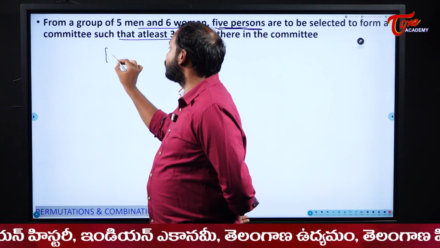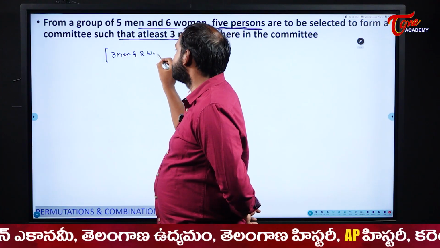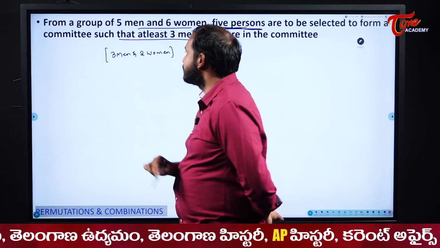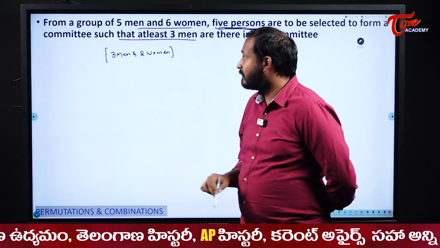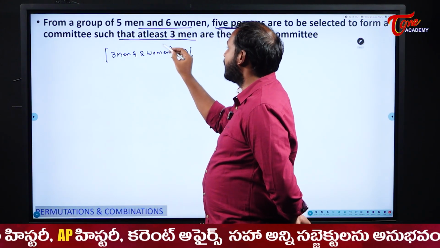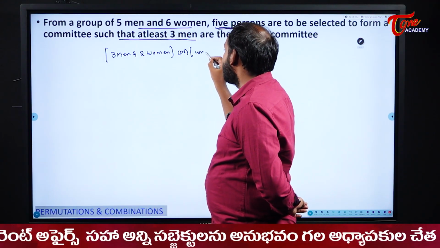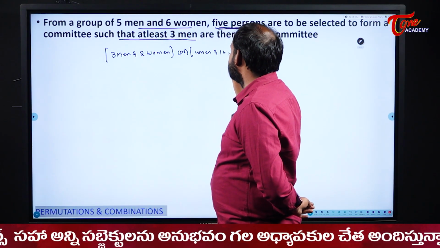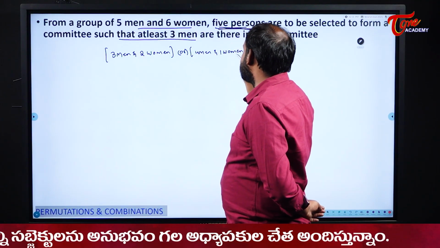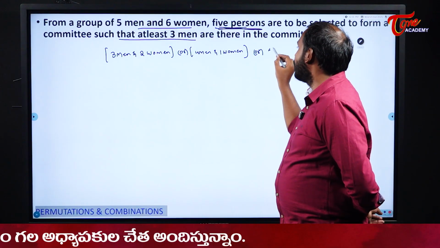So first case is 3 men and 2 women. This is the first case. Or, at least, right? So minimum to maximum, we should go to maximum. 4 men and 1 woman. This is also a possibility. Or all the 5 are men.